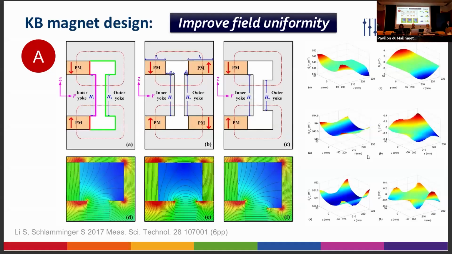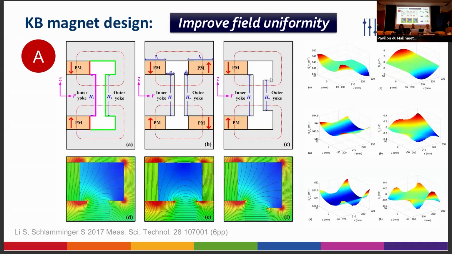Okay, how to improve that? I think if you look at the BIPM type magnetic circuit, these boundaries are not symmetric. On the right, you have yoke boundaries all the way, right? The green thing. But on the left, you have permeability boundaries and also yoke boundaries. So in principle, if you put another pair of PMs in the outer yoke, you can fix this.